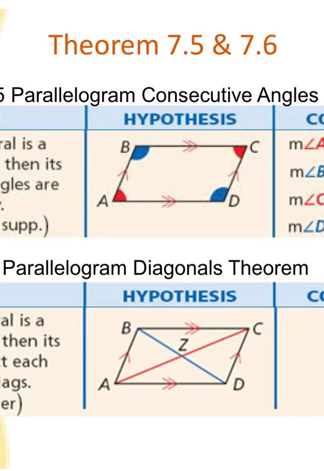B. A plus B should equal 180. What's the other angle that's next to or consecutive with angle A? D. Angle A plus angle D should equal 180. Okay? Same thing for C, same thing for B, same thing for D. The two angles that are next to any angle should add up to 180 degrees.